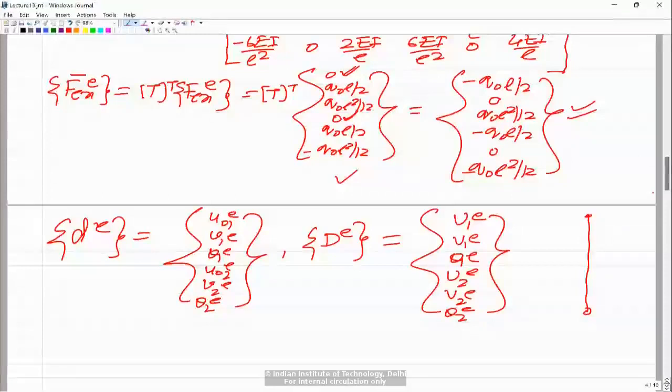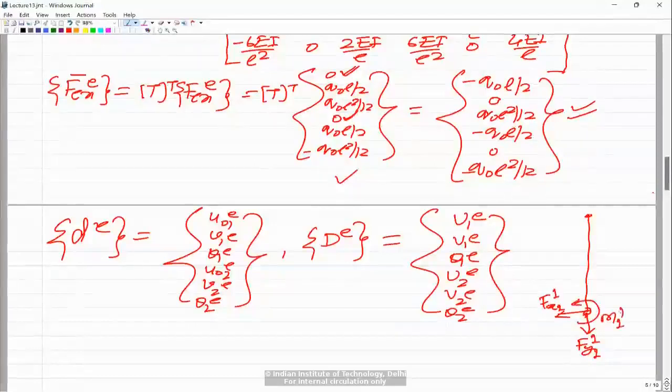Here, let us say that we have a force in the first element. This force is along the x direction, so Fx at node 1 for element 1, and this is the force along the global y direction, Fy at node 1 for element 1, and the moment is about the positive z axis at node 1 for element 1. Similarly at node 2 you would have these forces along the positive directions.